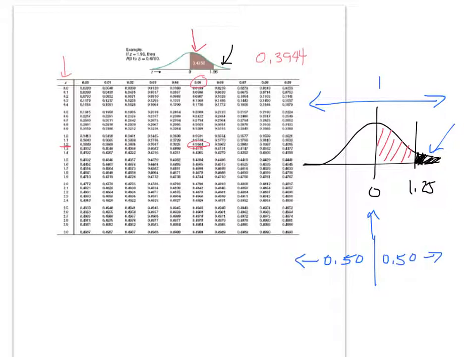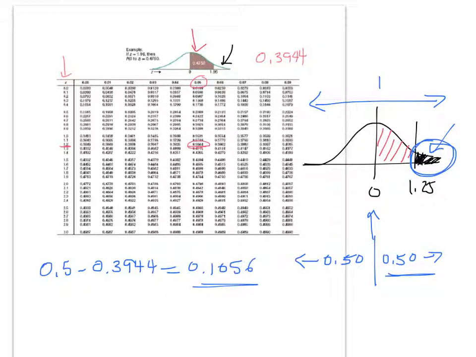So why that's important: I could find this value by taking 0.5 minus the value I looked up in the table. And I get 0.1056.